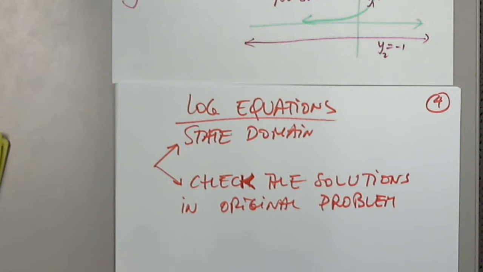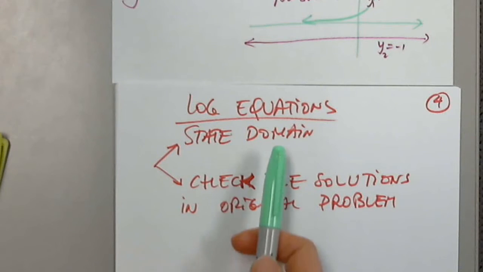It's up to you which one you prefer. I will take the first one. Why? Because I'm notorious for forgetting to go back and check. So I prefer to state the domain. You don't have to be consistent. You can solve a first problem stating the domain and second one checking. It's up to you. But I prefer this one.